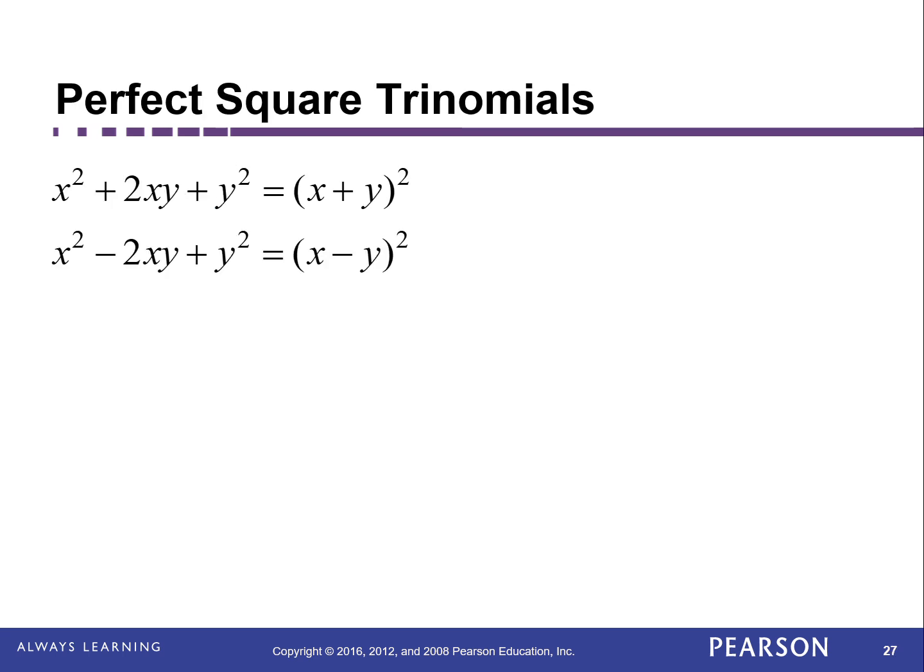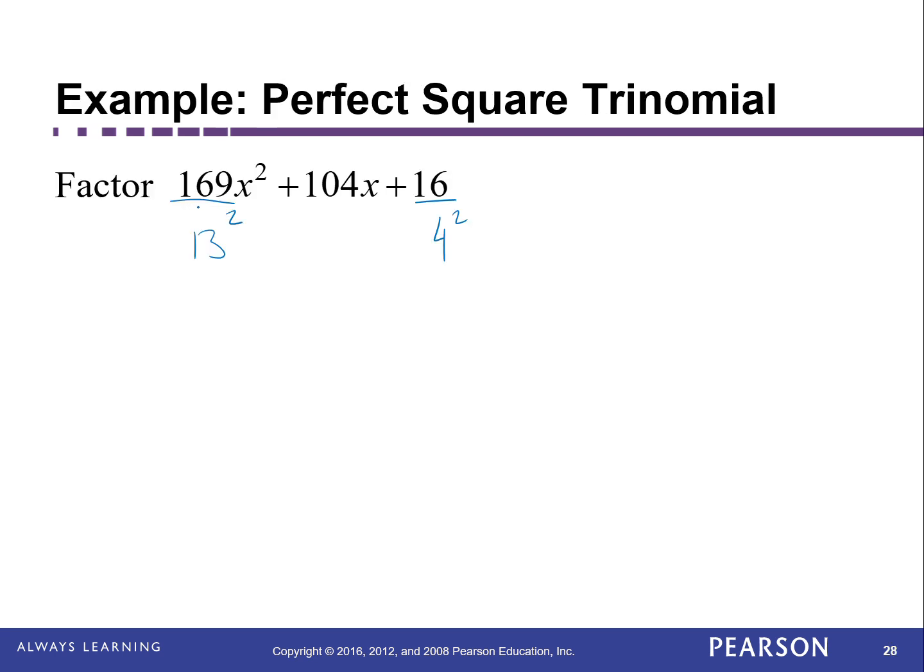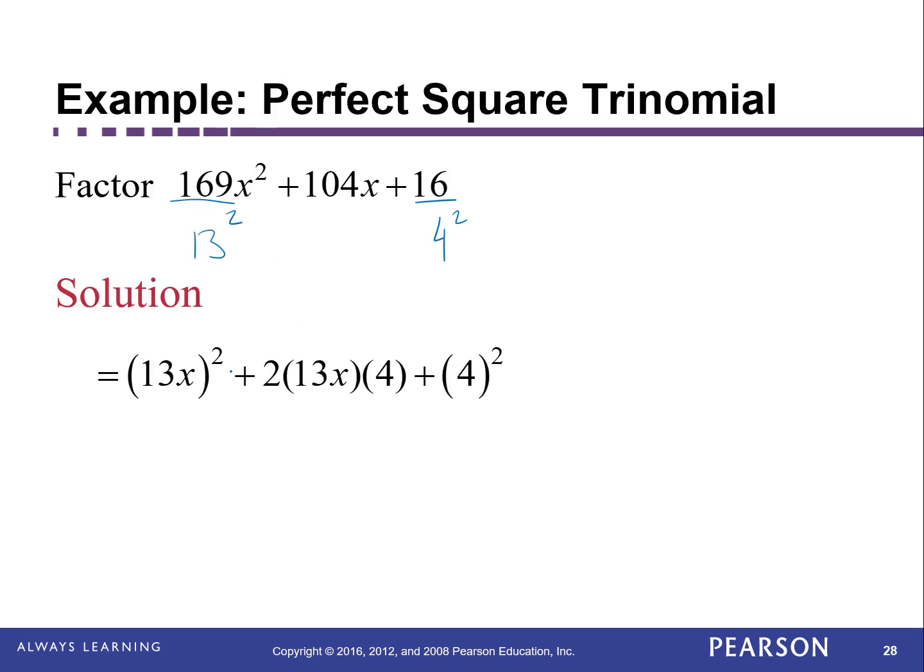If it is, then you can go back and use these formulas here. This one lays out as a positive, so it would be the first formula: the first number squared, the second number squared, and then 2 times the two numbers combined. The first number squared, so 13x squared. The last number squared, 4 squared. And then 2 times the middle ones, the 13x and the 4.